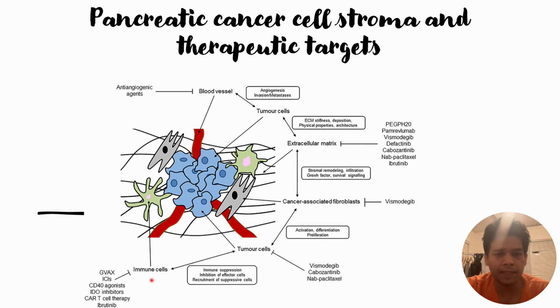An example is CAR T cell therapy, where receptors for antigens specific to the tumor cells, known as chimeric antigen receptors, are provided to the T cells, so that they can target the tumor cells more efficiently.